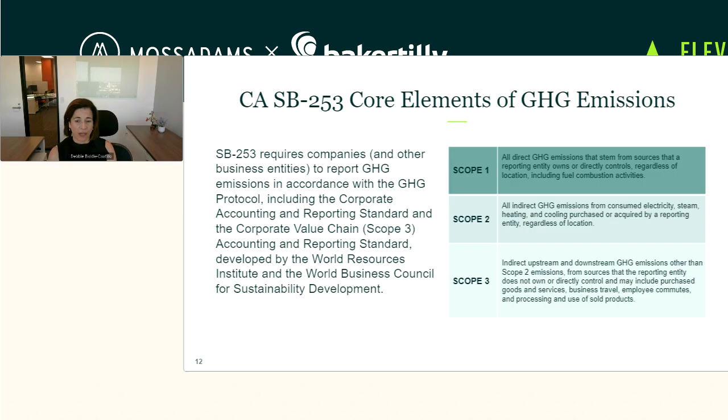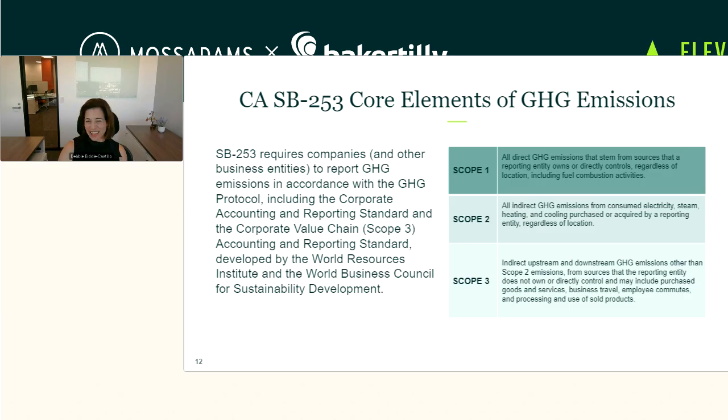And then Scope 3 is indirect emissions, meaning going up and down your value chain. They occur outside of your direct control, but they are still part of your wider business operations. That can include things like emissions related to purchased goods and services, business travel, employee commuting, and the use or disposal of sold products.